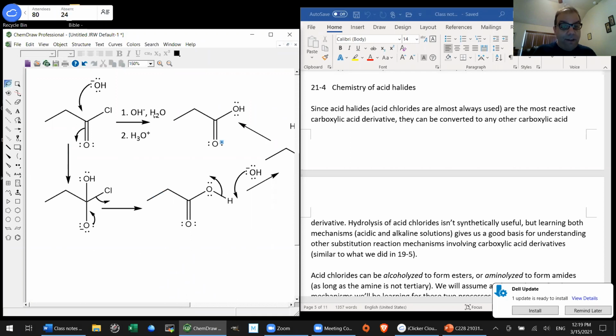We're not done because we've just generated an acidic species and we're still in the presence of alkali. Remember, we keep reacting until nothing further can happen under that set of reagents. And then we do the second step. The way you know that this deprotonation is possible is by pKa's. You know the pKa of pretty much any carboxylic acid. I don't know exactly what it is for propionic acid, but I bet if you looked it up, it would be round about 5.